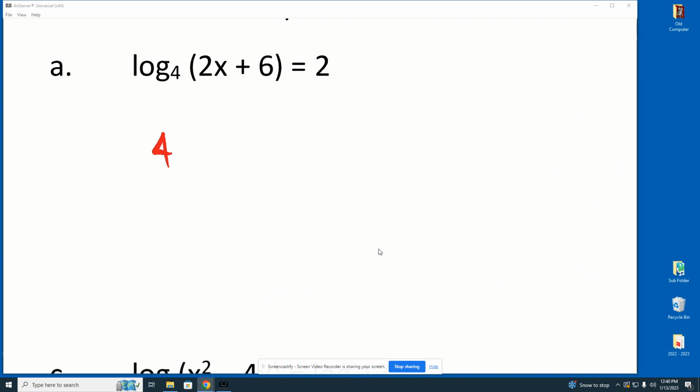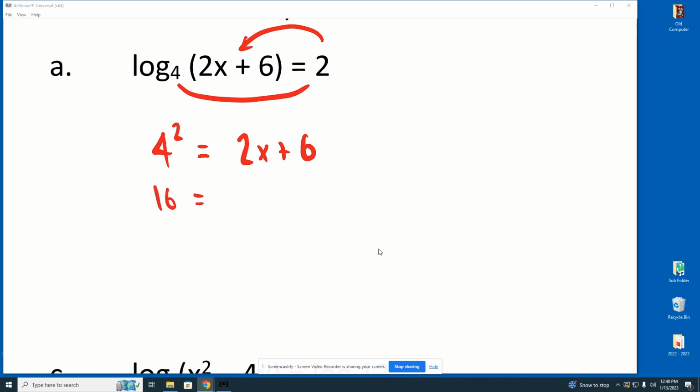And then remember, we do the loop. 4 to what power? The second power equals what? What's the argument of that original log? 2x plus 6. That's what it equals then. 4 squared equals 2x plus 6. And then we're just solving it however we need to solve it. What is 4 squared? 16 equals 2x plus 6.